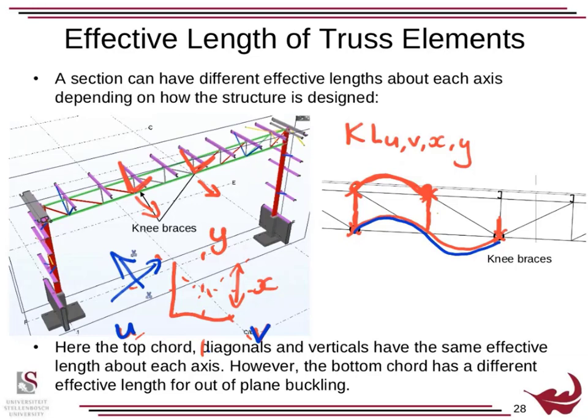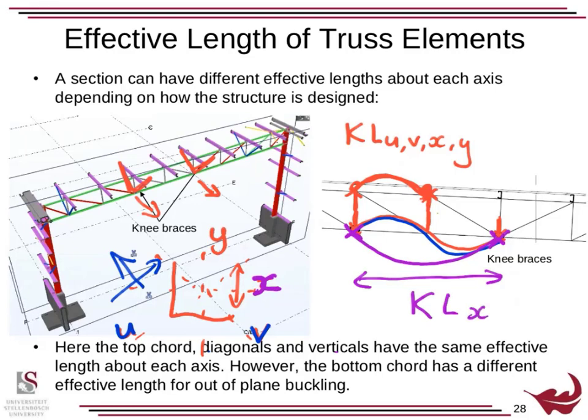But when it comes to buckling about X, be very careful, because this is a horizontal movement into or out of the page. It is prevented moving there and moving there, but there's nothing preventing sideways movement at the midspan of those X's. So it will have an effective length all the way from there to there. So that is our KLX.